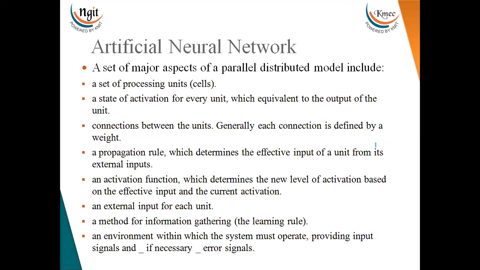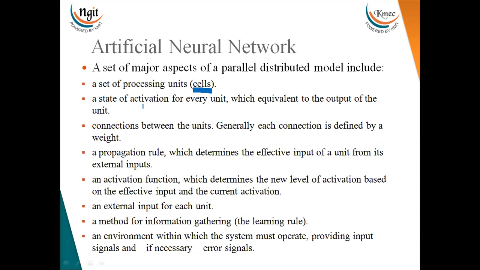Now, these are some properties of an artificial neural network. You should be able to write down the properties. It contains a set of cells, processing units, neurons, or perceptrons.